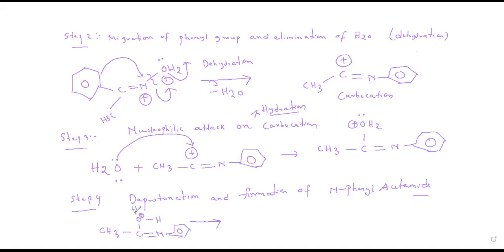If you compare the electronegativity between oxygen and hydrogen, oxygen is more electronegative. So the electrons will be shifted towards oxygen atom and hydrogen will become positive charge. So this hydrogen will be eliminated out. This is called deprotonation reaction.